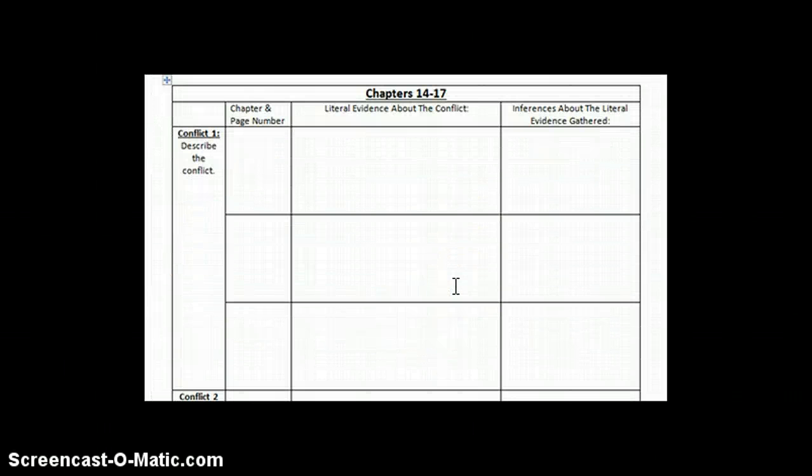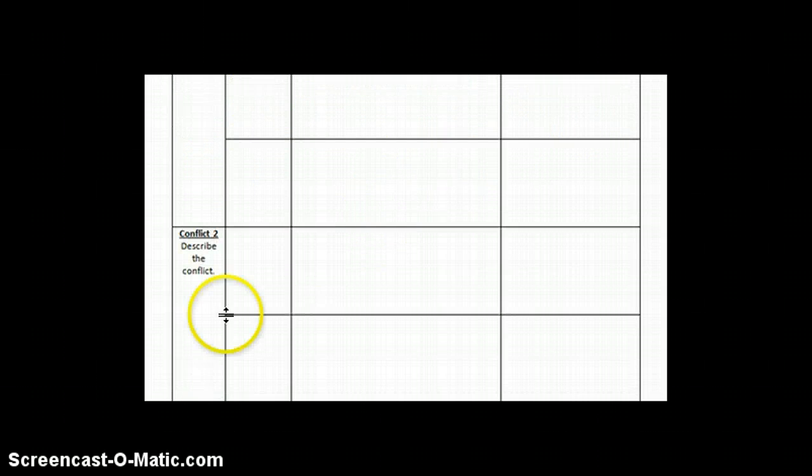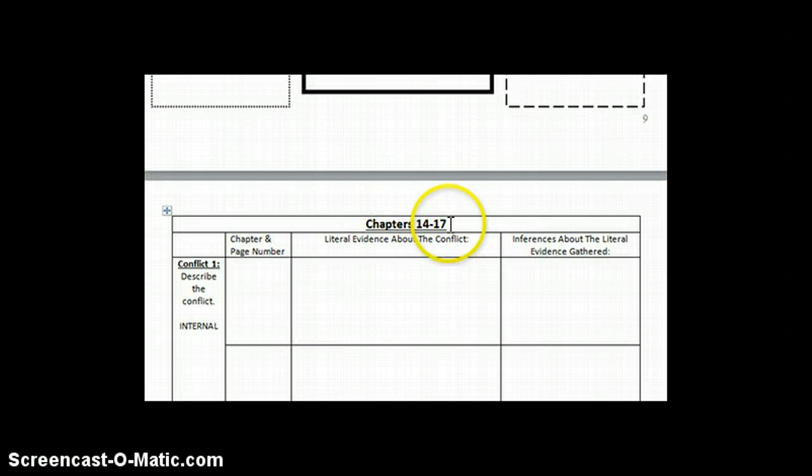Then we get to page 10, which is over chapters 14, 15, 16, 17. Remember, we said right here we were going to talk about internal conflict and then give examples and what do we think about that. And down here we're going to talk about external conflict. And we were going to give examples of those from these 4 chapters.